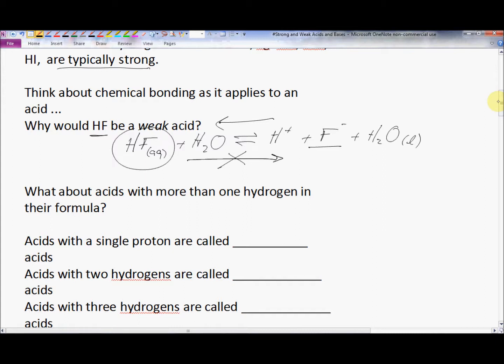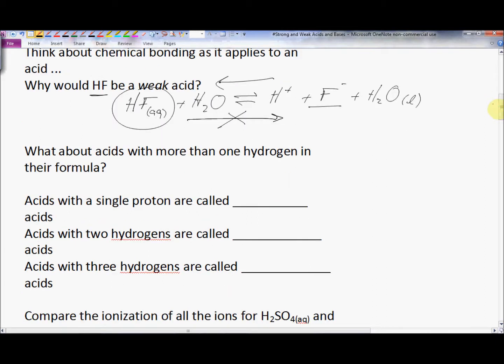So what about acids with more than one hydrogen in their formula? Well, there are names for these. Acids with a single proton are called monoprotic acids. Acids with two hydrogens are called diprotic acids, and acids with three hydrogens are called triprotic acids.